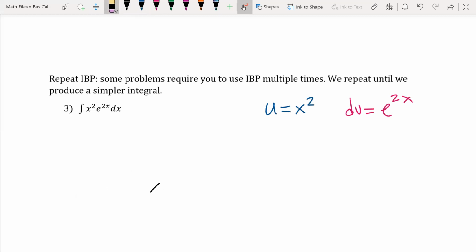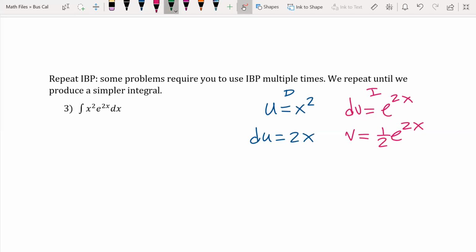So that was just like the first problem we worked today. Okay, and then remember, we derive and we integrate. So the derivative of x squared, du equals 2x. The antiderivative of e to the 2x is 1/2 e to the 2x.